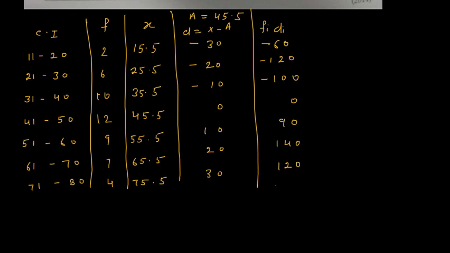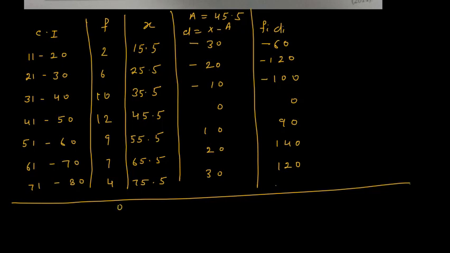Total we see, so total of frequency first: 6 plus 2, 8, 8 plus 2, 10, 10 plus 9, 19, 19 plus 7, 26 plus 4, 30, and so on. So here it is 50. Now here if we see this minus 120 and this plus 120, in your mind you can cancel.